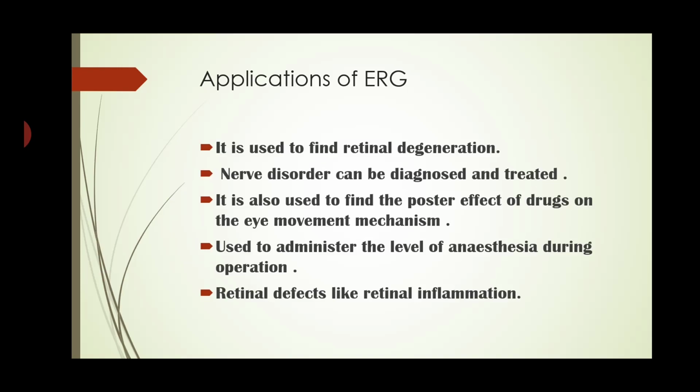It is used to administer the level of anesthesia during operation. Retinal defects like retinal inflammation can be diagnosed using ERG signals. So these are the applications of ECG, EMG, EEG and ERG.